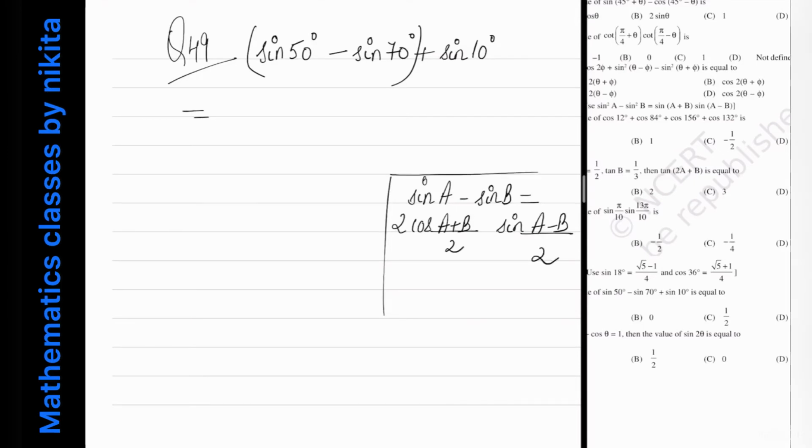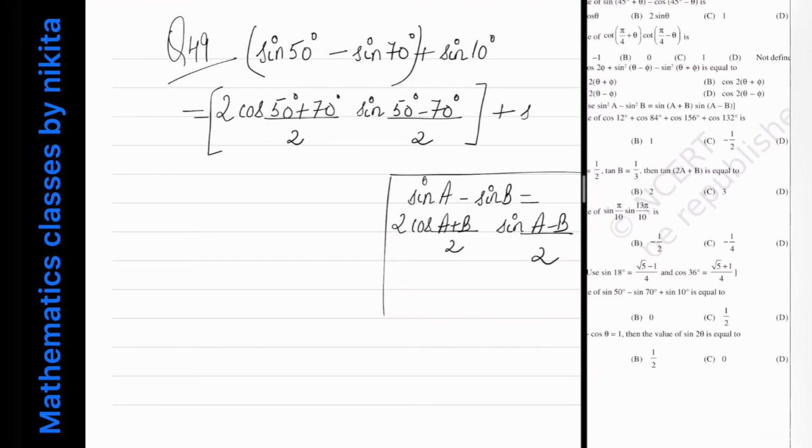Okay, so we will apply this formula. So what you will get: 2 cos of (50 degrees plus 70 degrees) by 2 into sine of (50 degrees minus 70 degrees) by 2, and this is plus sine of 10 degrees.